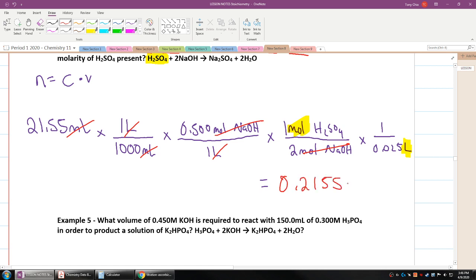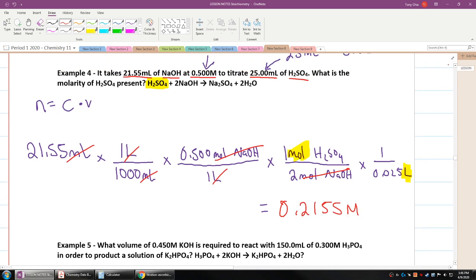Now you want to make sure this is the correct number of sig figs, which means you round to the least number of sig figs. In this case, that number is 3. If you round this to 3 sig figs, which is the third decimal place, this is rule 5: you always round to the even number. In this case, you will get 0.216 molarity.